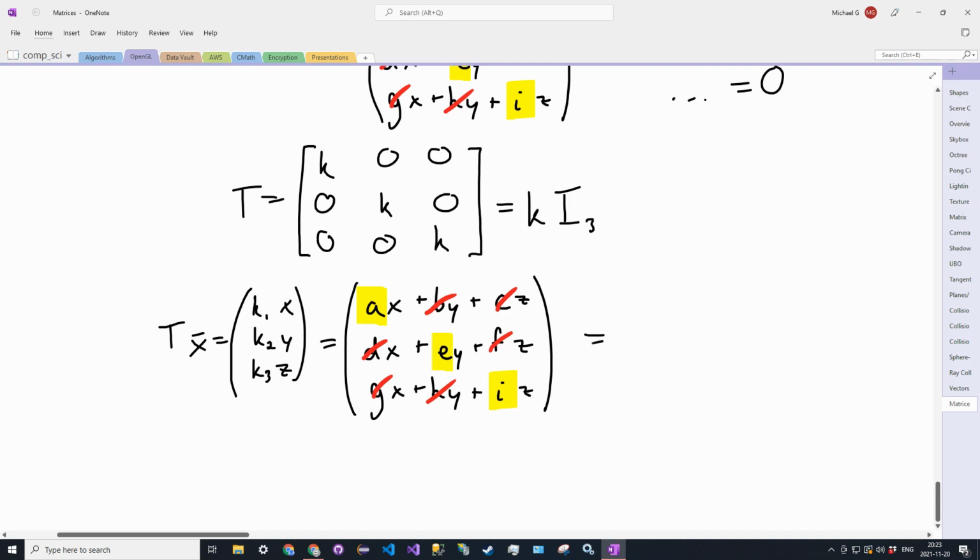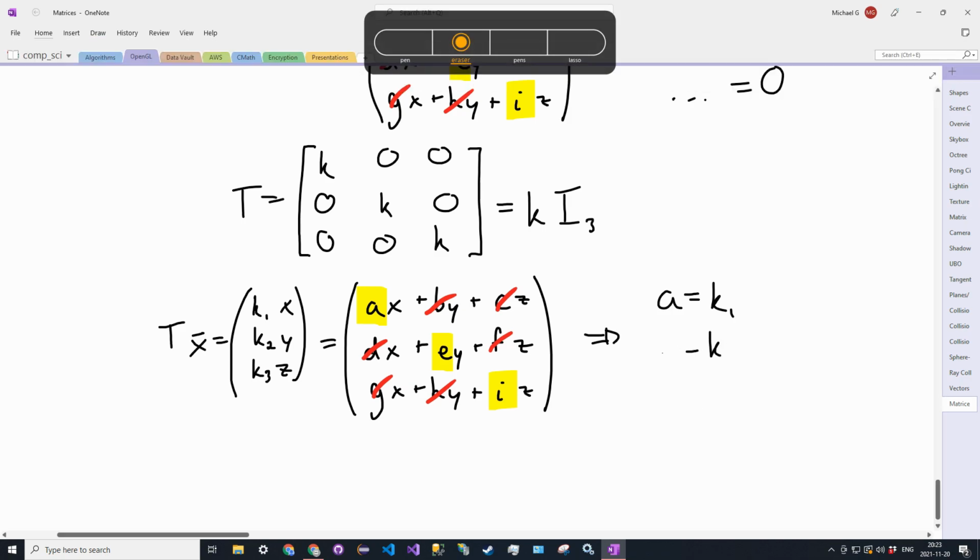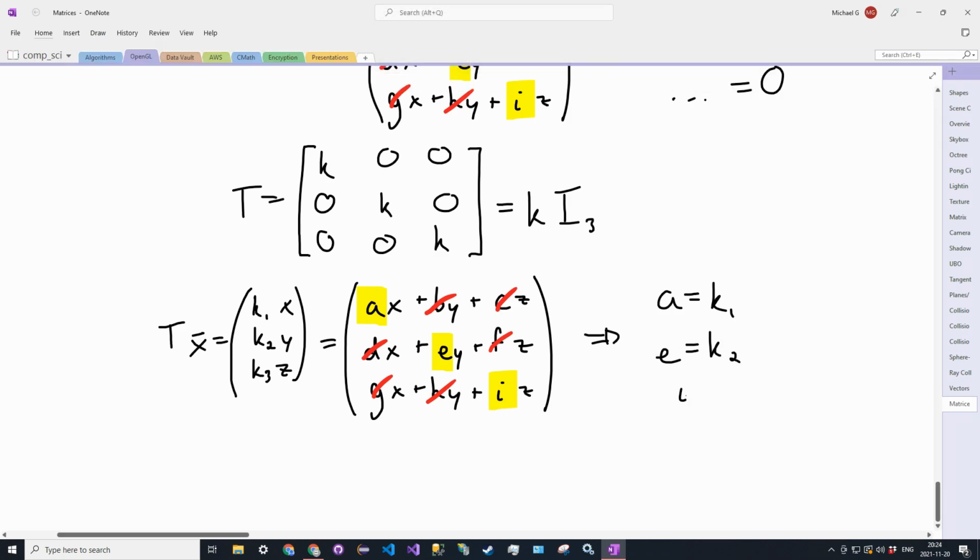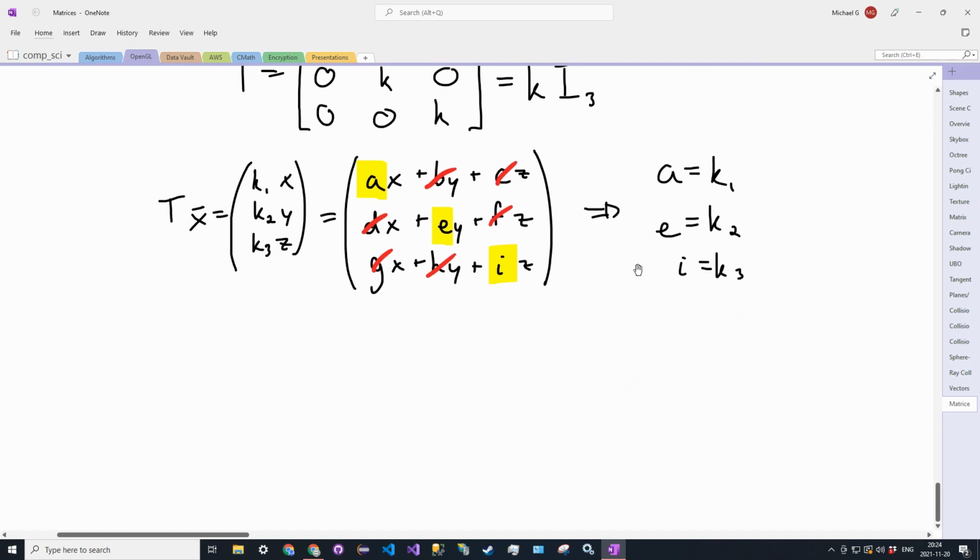So from this we get that a is equal to k1, e is equal to k2, and i is equal to k3. So from this, we're going to define scaling now as a vector. The scale vector, which I will call k with a bar above it for vector, is going to be equal to a, e, i.